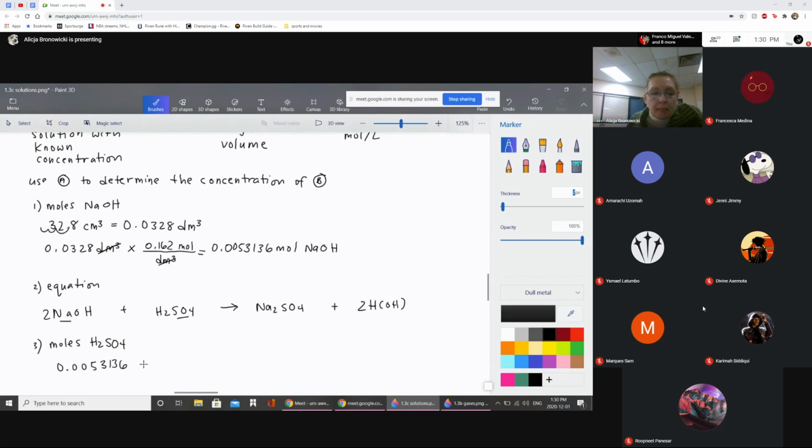0.0053136 moles NaOH times. I want to cancel NaOH. I want to finish with H2SO4. So when I link them, that's 2 moles NaOH for every 1 mole H2SO4.